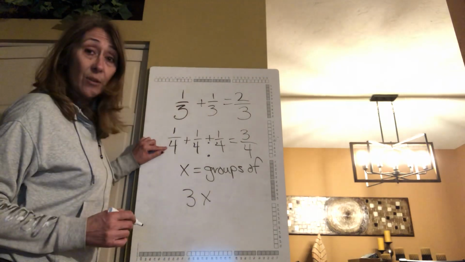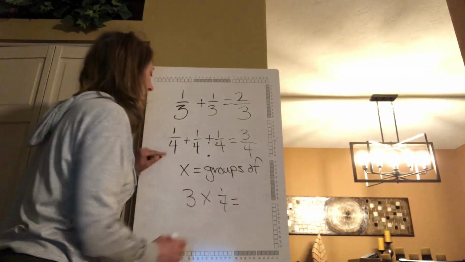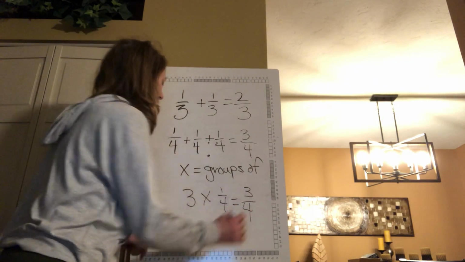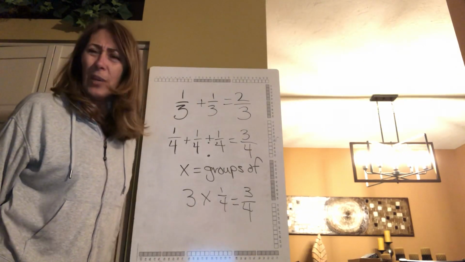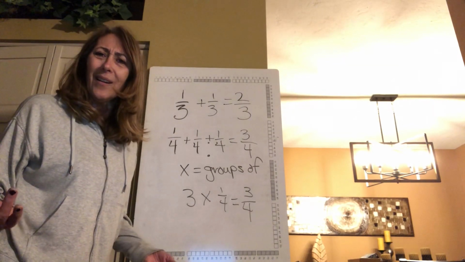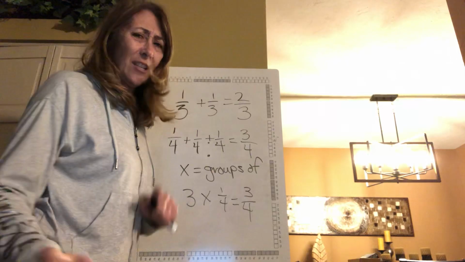What size are those? 1/4 equals 1, 2, 3/4. Oh, 3 times 1/4 equals 3/4. That's pretty cool. Nobody told me fractions were going to be this easy. Let's hang on and look at that some more.